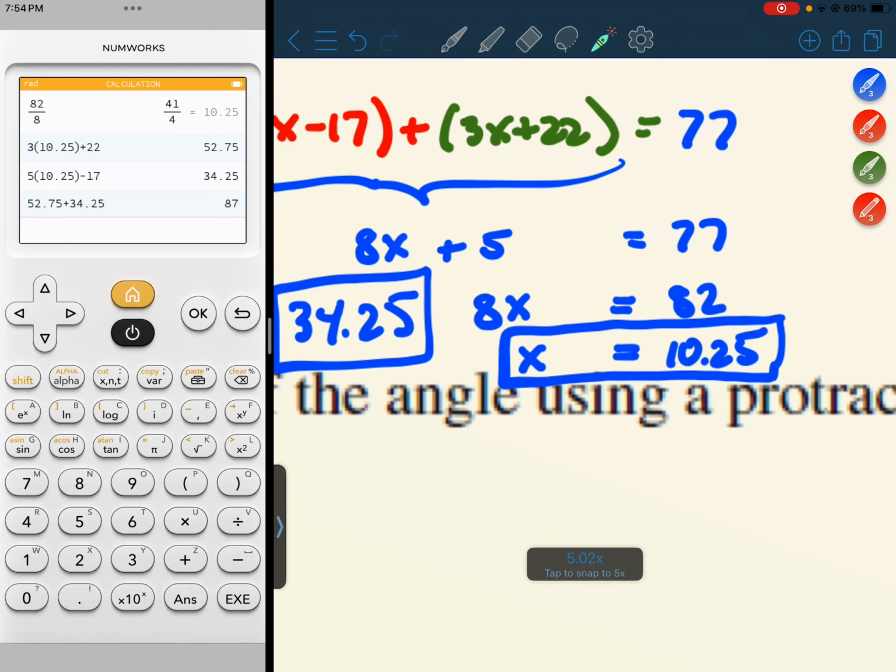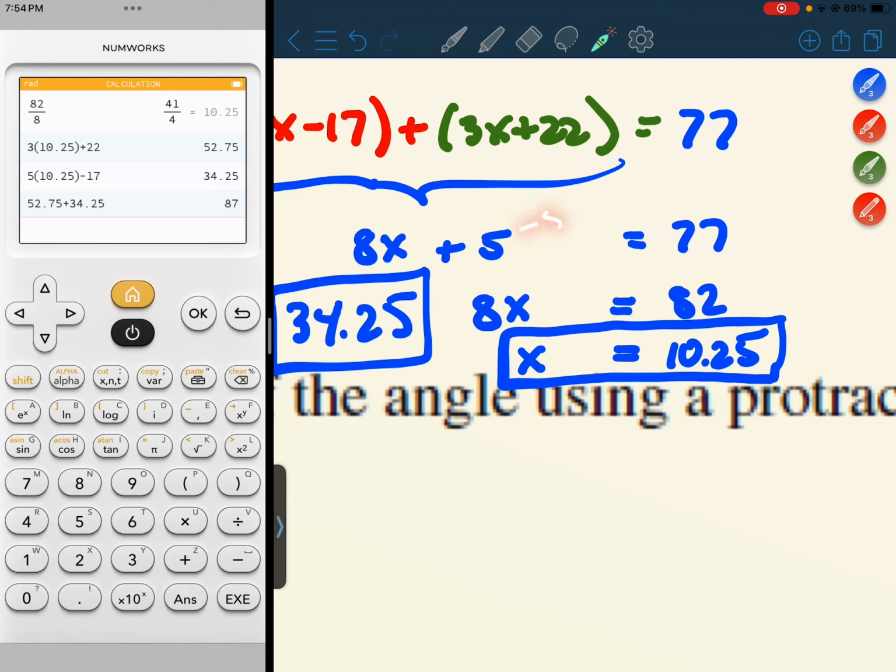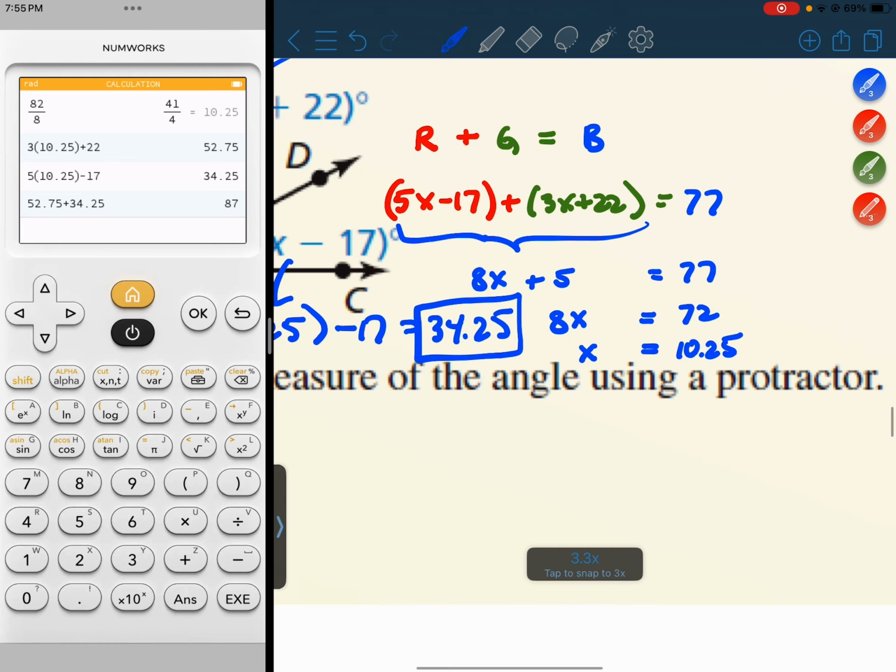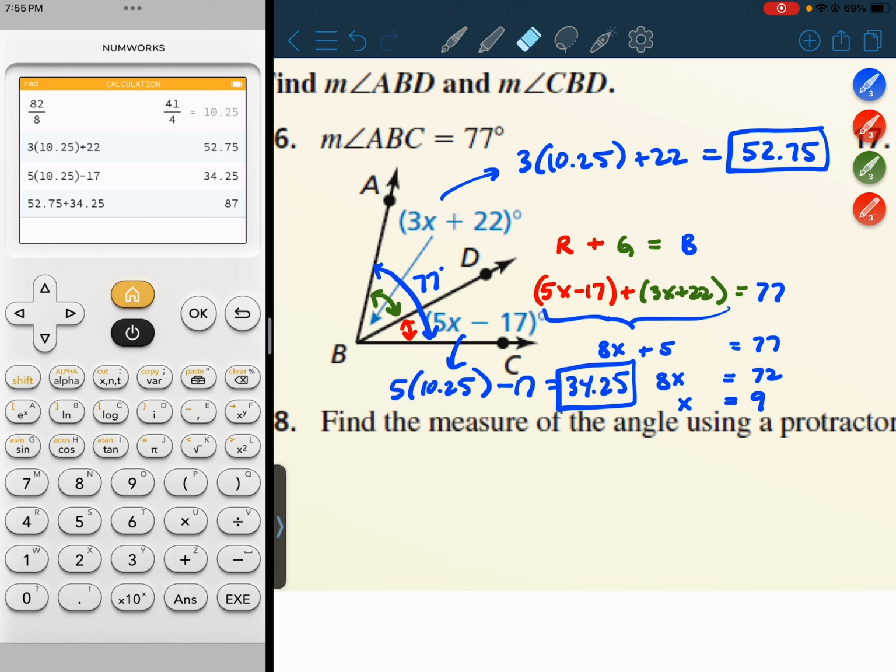Oh, I know. I wanted to subtract 5 from both sides here. Silly mistake. So 77 minus 5 would have been 72, and 72 divided by 8 would be 9. Go back here, that should be a 9, which makes this 3 times 9 plus 22, which is 49.